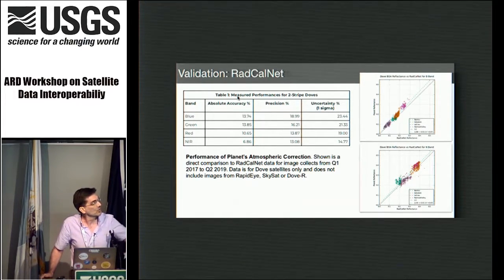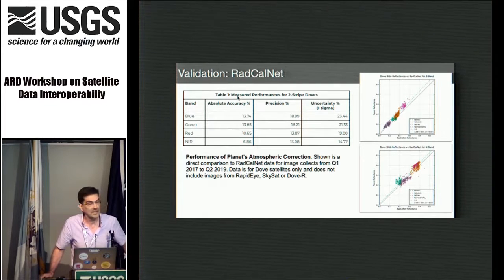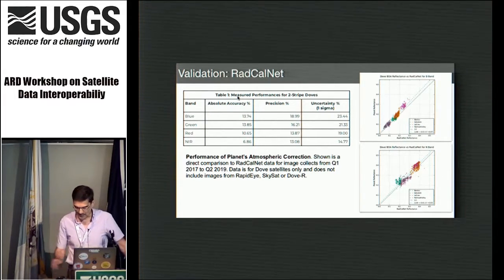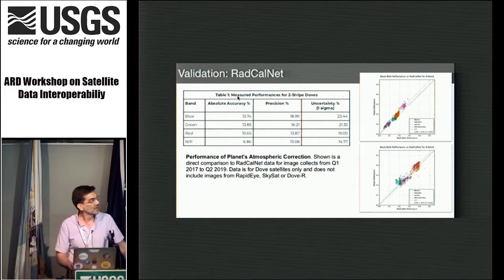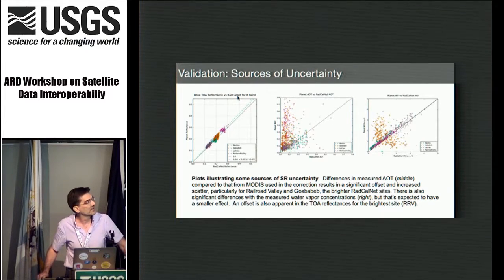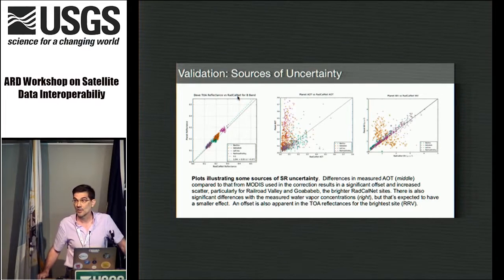This shows you the overall accuracy and precision. And you can see there's quite a bit of scatter in this data. It's not ideal. So it's good to ask where that is coming from. And this shows at least part of the reason why there is some uncertainty there. On the left is the top of atmosphere, which comes from the same data set.